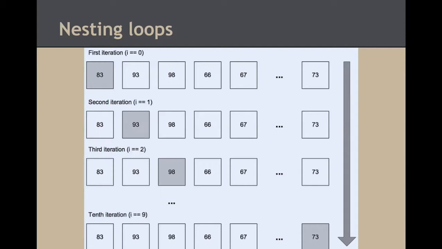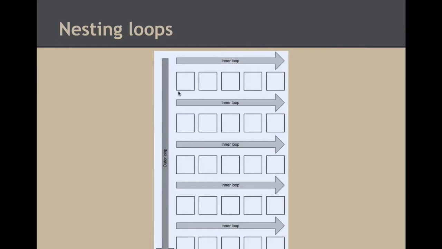Now what we're going to do instead with nesting is have two loops, one on the outside, and if we talk about images, the outside is going to pick which row we're going to process. And then the inner loop is going to be on the inside of the outer loop, obviously. And it will be used to process all the pixels in that row. Okay? So the outer loop chooses the row, then the inner loop goes down all the pixels in that row.